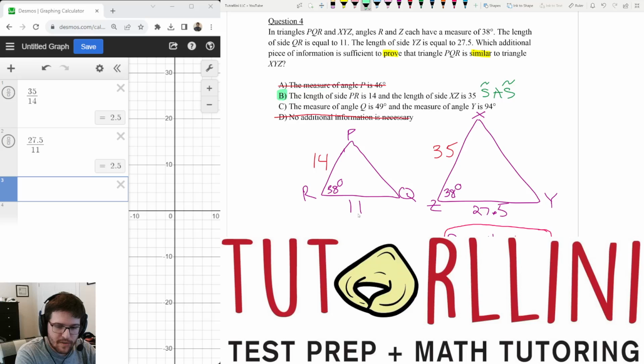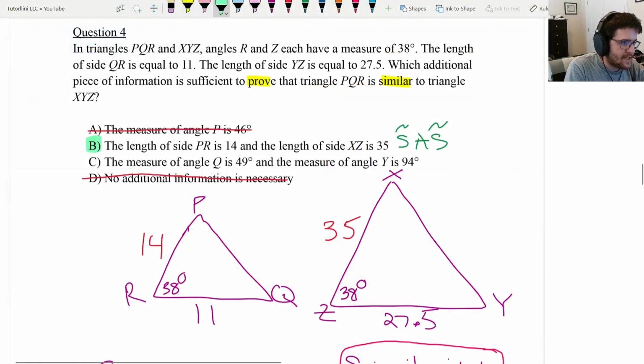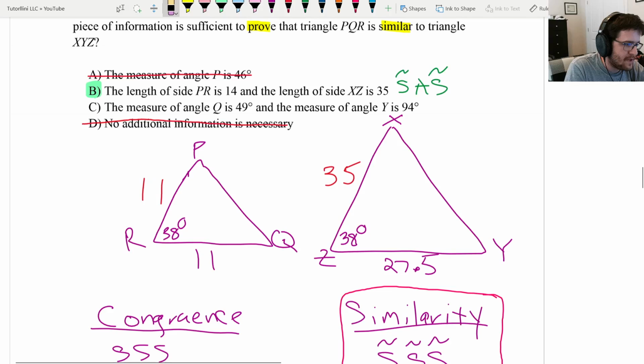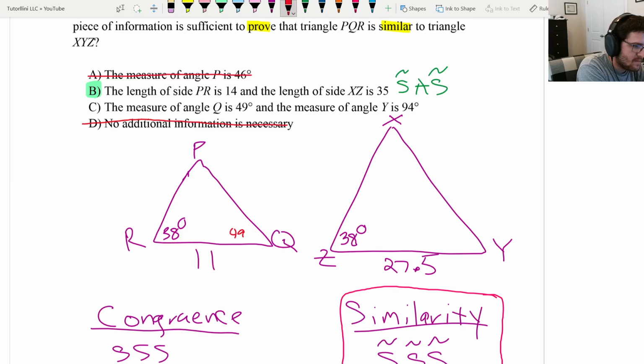So let's go back and erase this and see if we can figure out what's going on with C. Okay, so the measure of angle Q is 49. Let's put that. And the measure of angle Y is 94. You might think, wait a minute, Kyle, there's no way, right? Those aren't equal. But don't forget to check the third angle. Once you have two of the angles, you can find the third one.